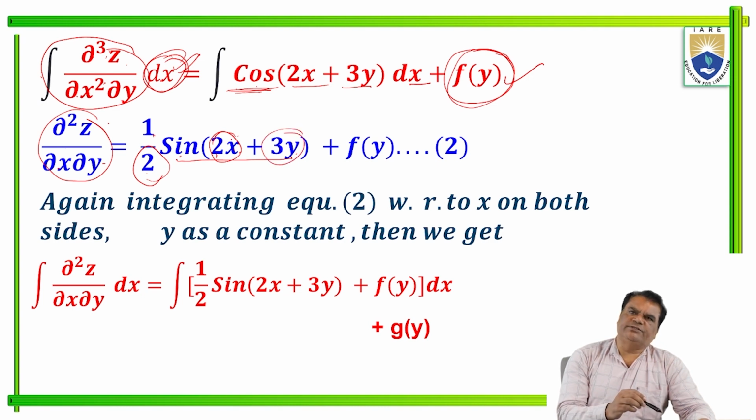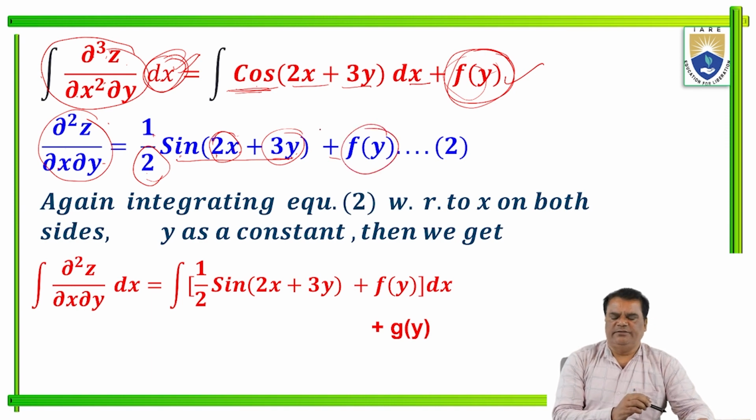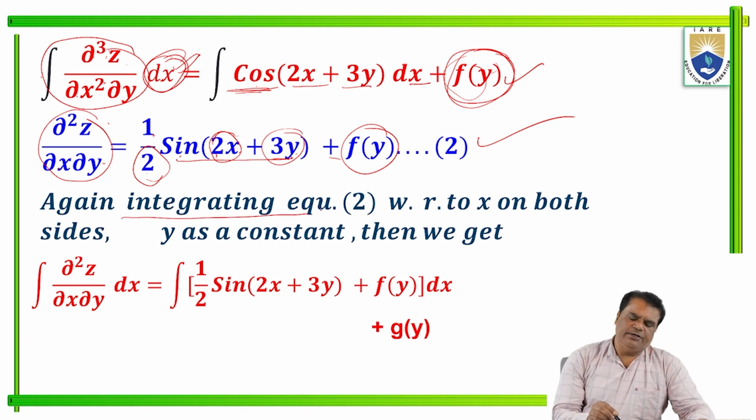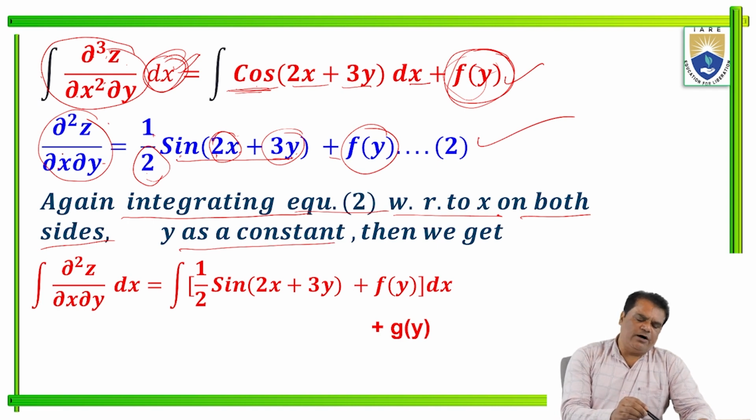And 3y is constant with respect to x, so this term is constant. Plus here we add some function of y as an arbitrary constant. This is equation 2. Again integrating equation 2 with respect to x on both sides, with y as a constant, because here the outer derivative is x.